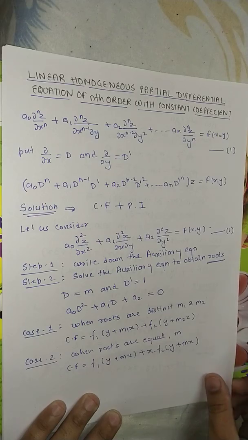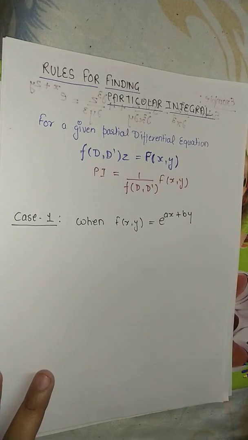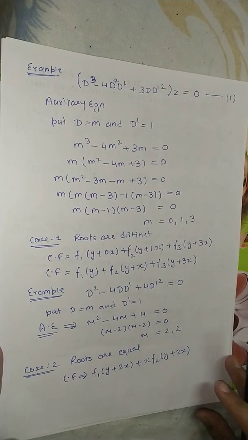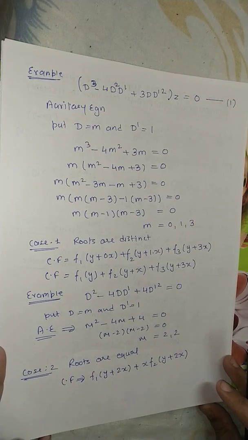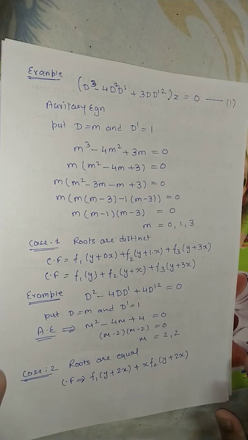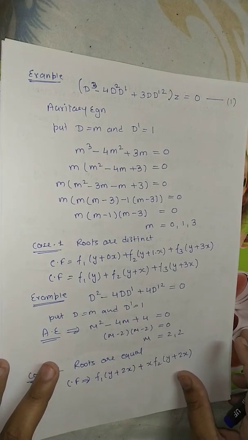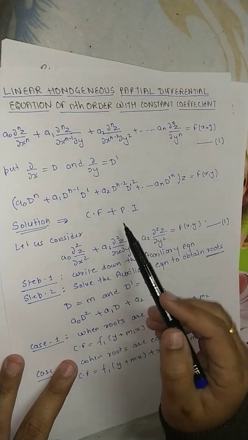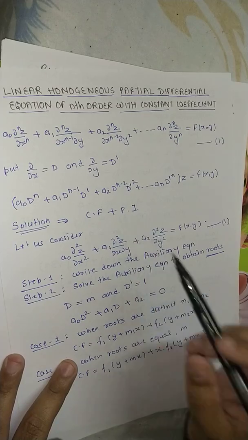And we had already discussed one example. We have already discussed two examples on how to find the complementary function. If you wish to recall it, you can refer to the previous video. So today let us discuss the other part, which is finding the particular integral.